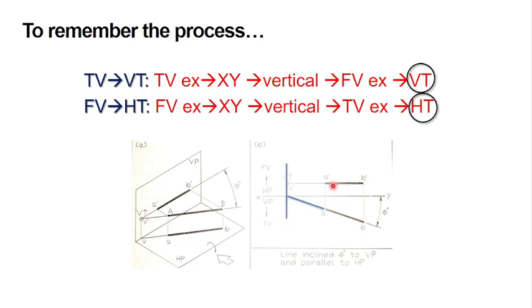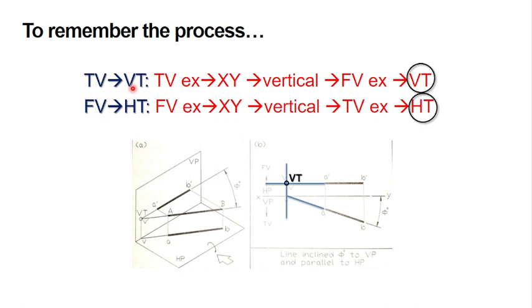Now go to the second view and draw the extension of this second view. It cuts the vertical line and we are going to get a point. Now what is this point? We have started the procedure with top view, so we are going to get VT. So remember, TV is going to give you VT, okay? And the other one is FV is HT.